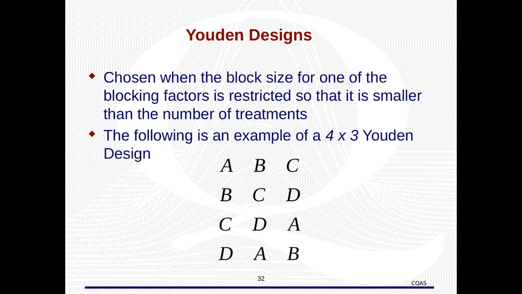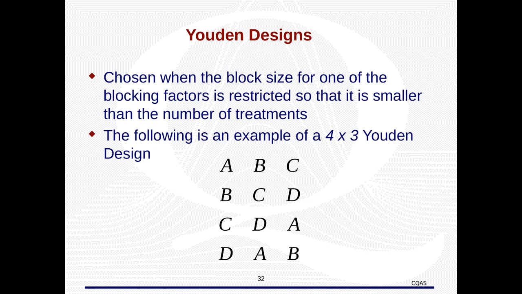Youden designs become particularly valuable when practical constraints limit our blocking capacity. Specifically, we employ this design when one blocking factor can accommodate fewer experimental units than the total number of treatments we wish to compare. Rather than abandoning our two-way blocking structure, the Youden design elegantly accommodates this restriction.